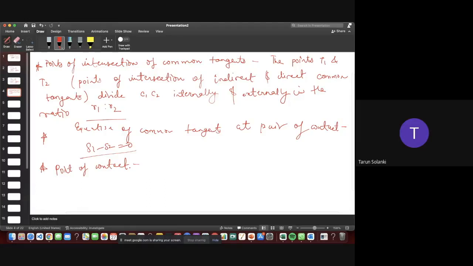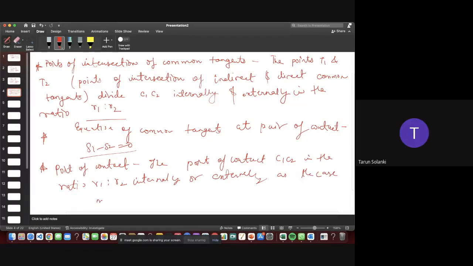We can take the point of contact for internal as well as external, as the case may be. So the point of contact divides C1C2 in the ratio R1 is to R2 internally or externally, as the case may be.